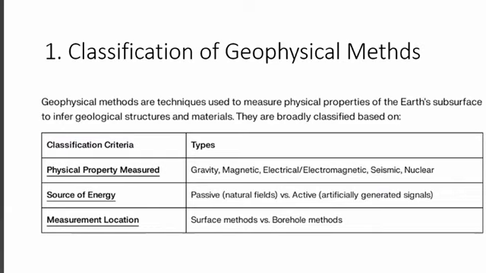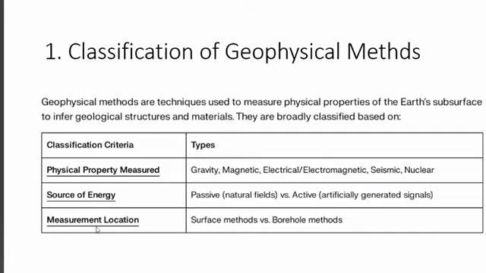You don't have to send in your own signal source. You measure what the Earth is generating, what the Earth is emitting. While for the active, we are the ones that send the signal, and we measure the signal we get.